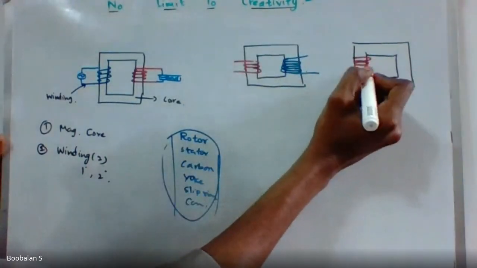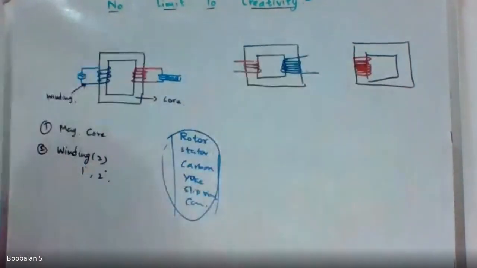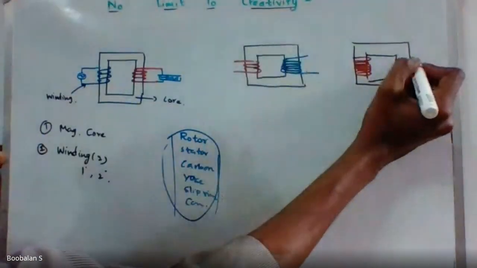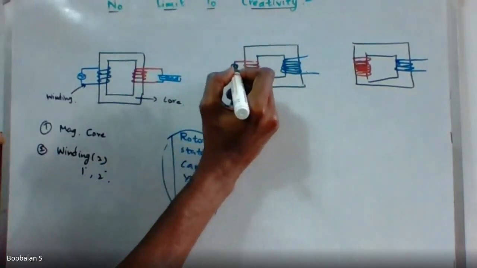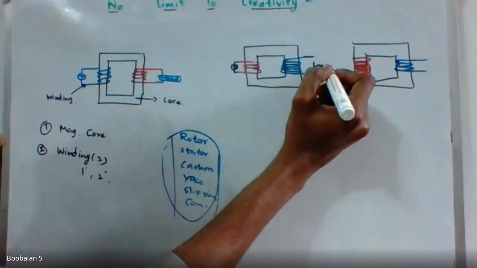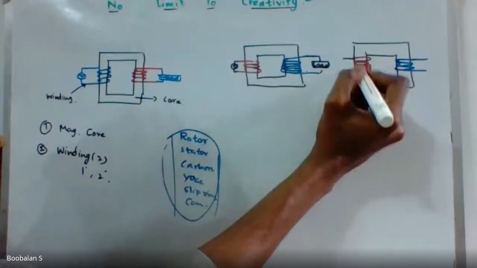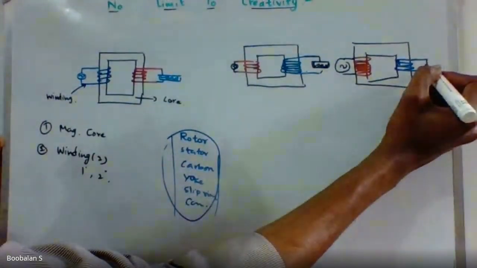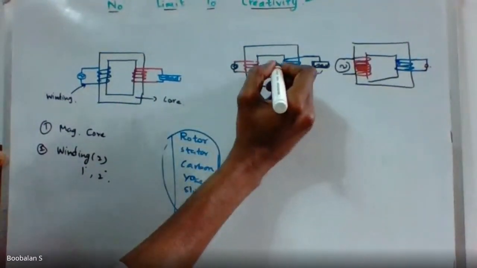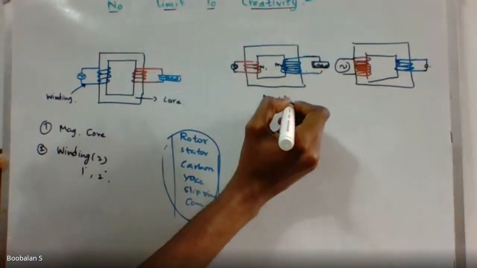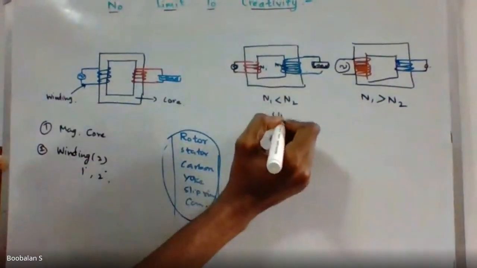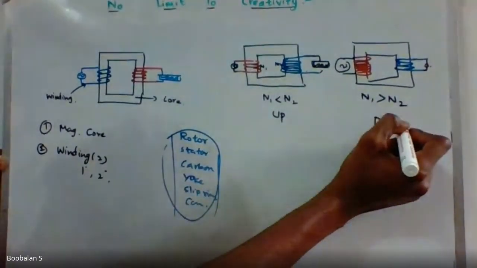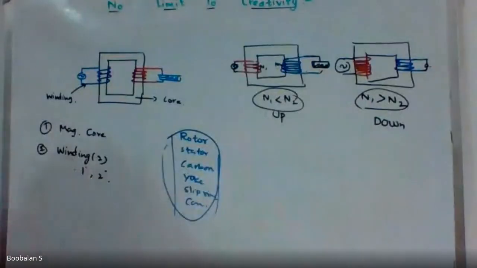In the other case, it is the reverse. These are two examples for step up and step down: input power supply and load. Here N1, here N2. So in one case N1 is less than N2, that is, N2 is greater; in the other, N1 is greater than N2. So this is called a step up transformer and this is called a step down transformer, by having a difference in the number of turns, right?